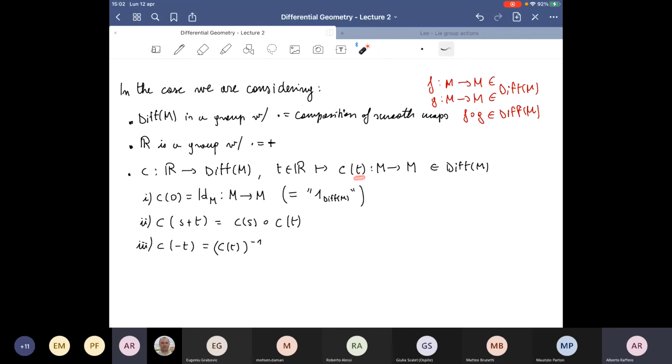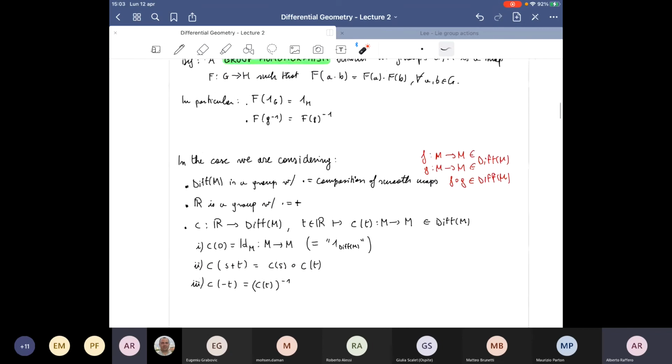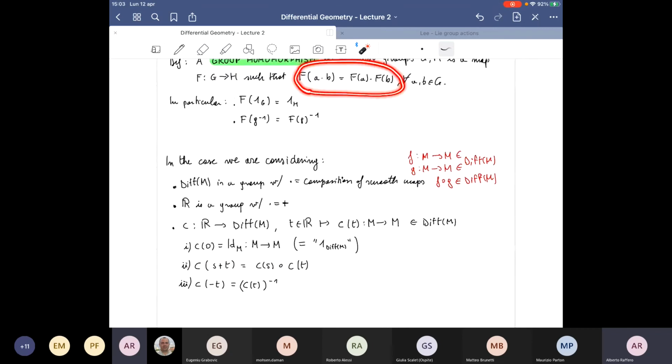For instance, at time 0 it will give you the identity between the manifold and itself, which is the neutral element for the composition of smooth maps, of diffeomorphisms in the manifold. If you consider C evaluated at time s plus t, you will get the composition of the corresponding diffeomorphisms, and this is just what we wrote here for the general case.